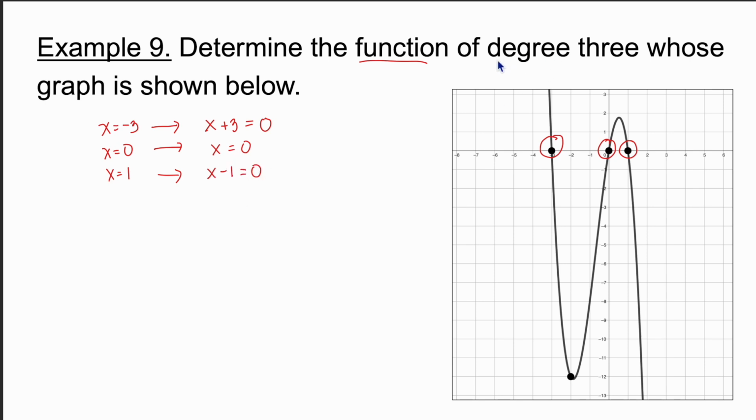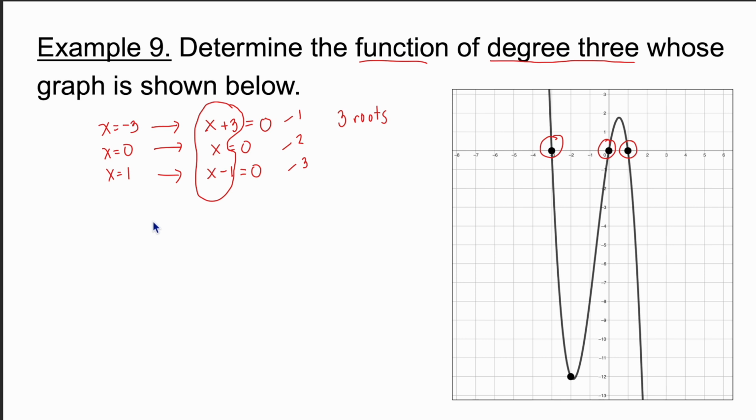Since yung hinahanap nating function dito has degree 3, ibig sabihin, ilan ang roots niya? 3 roots. Kasi nga ang degree niya ay 3. Eh, ilan na ba to? 1, 2, 3. Therefore, these 3 are the factors of the function.